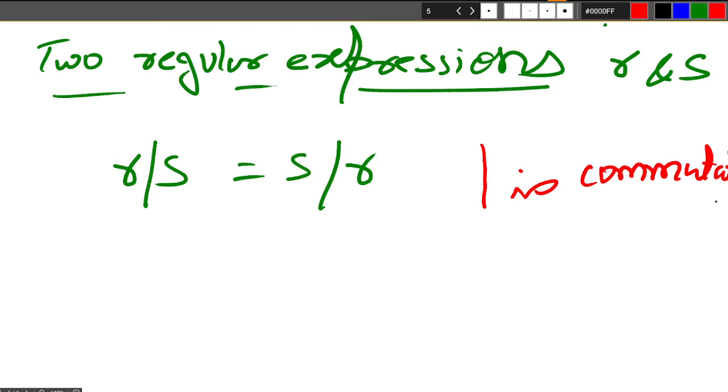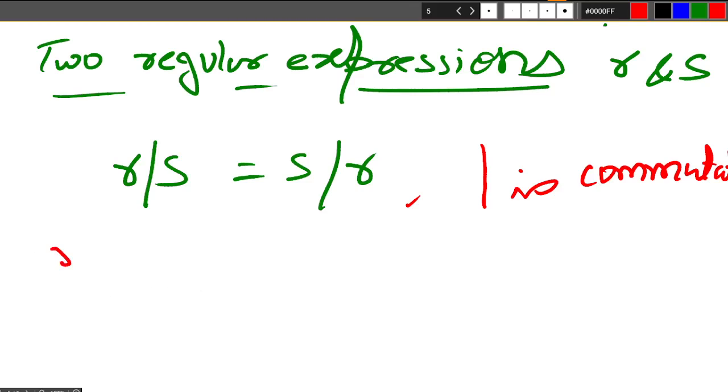Commutative is an operation where you can keep the operation and change the sides of the operands, and still the result is the same. So you write R or S or S or R, it is the same. So let us see whether it is associative or not.